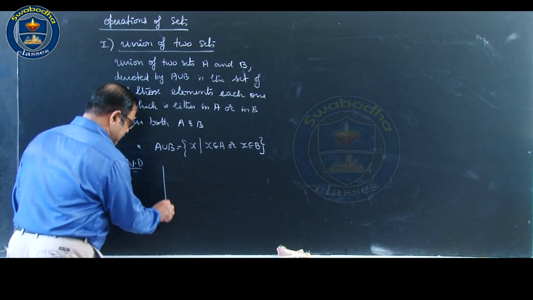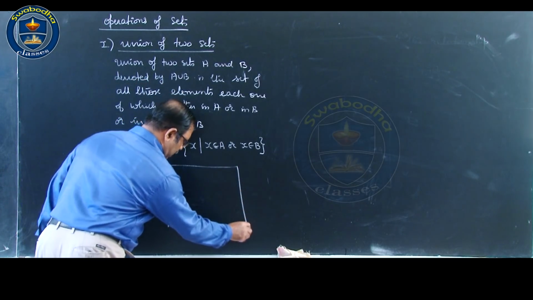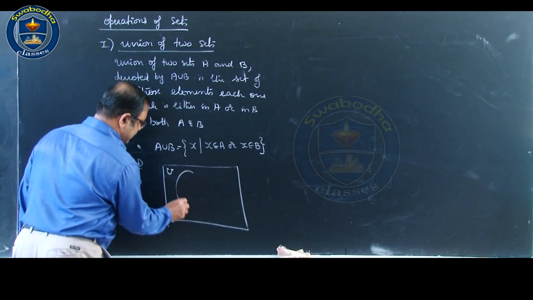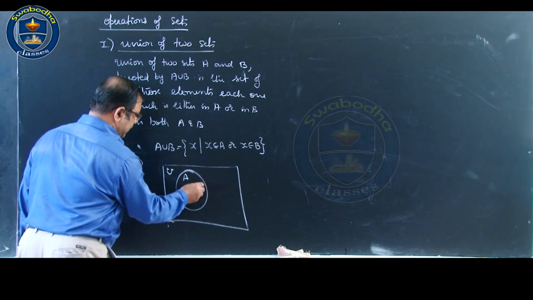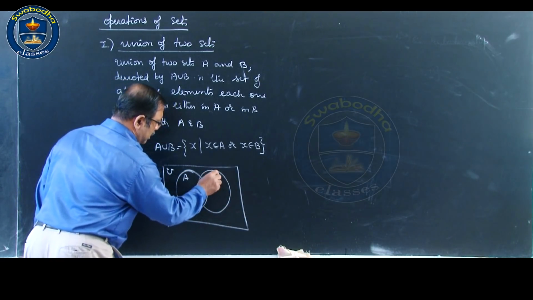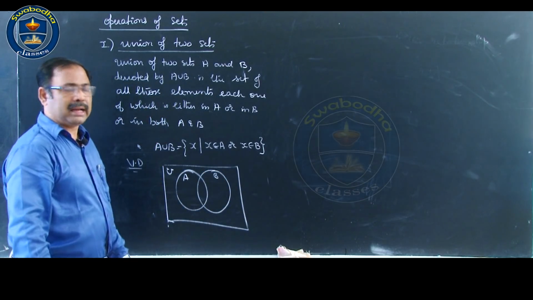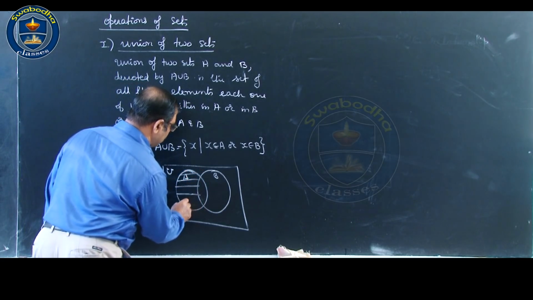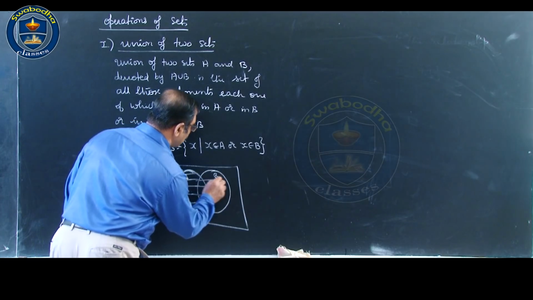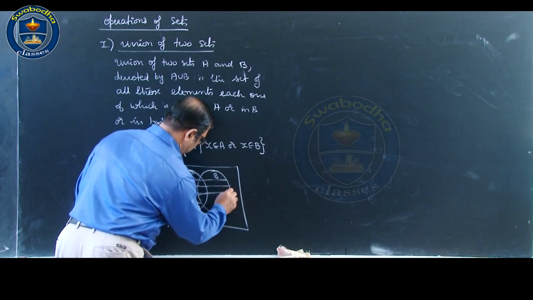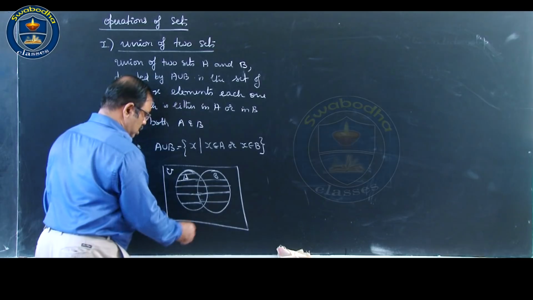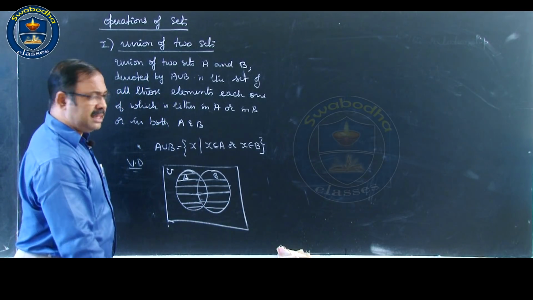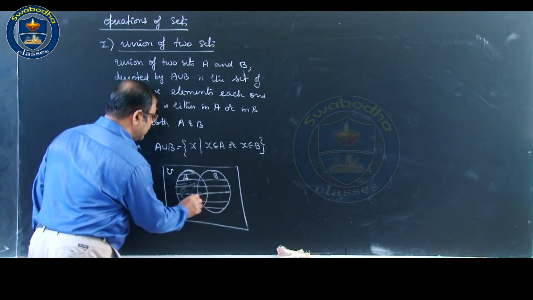See, we can give this Venn diagram. Look, what is this Venn diagram for A union B? This is the universal set. This is a set A and this is a set B. Now, A union B is this full shaded area.